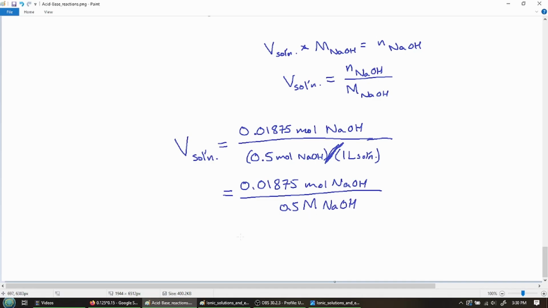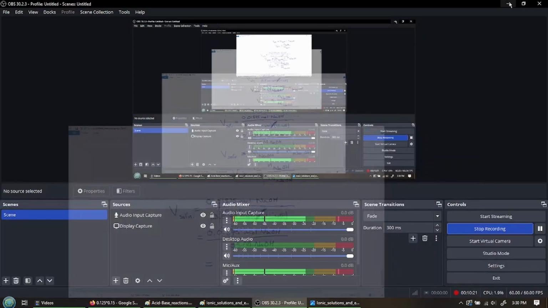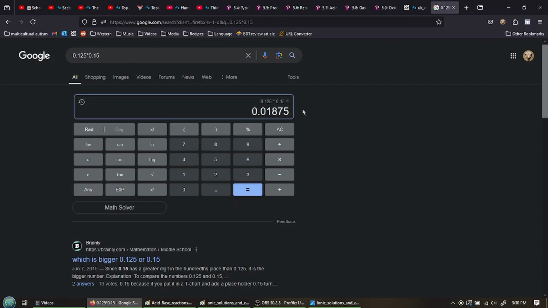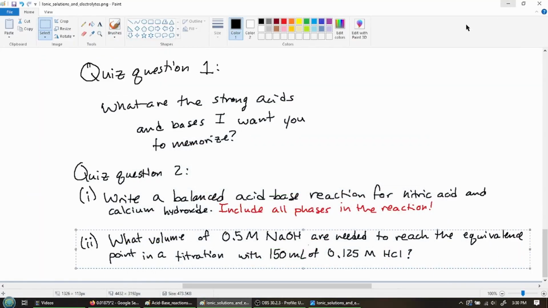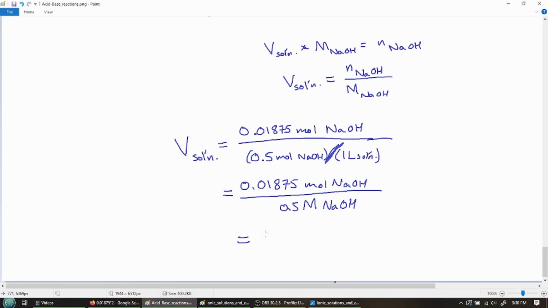Okay, and in either case, what that will end up being is 0.01875 divided by 0.5, so that value times 2, so we would get 0.0375 liters, or in other words, 37.5 milliliters of the NaOH solution.